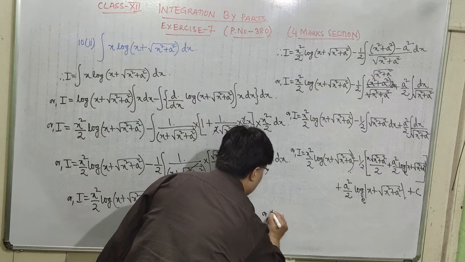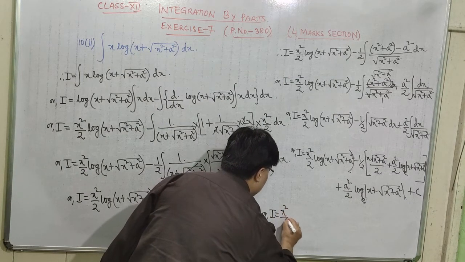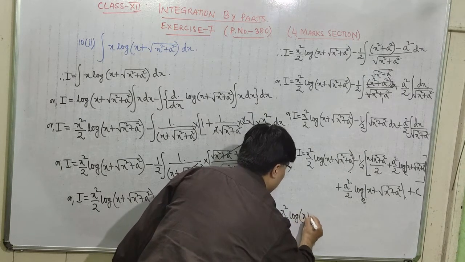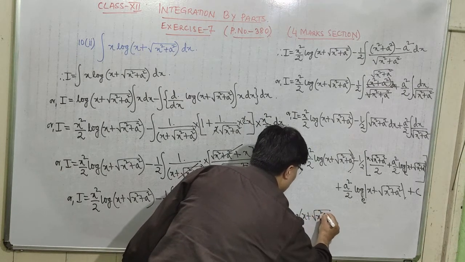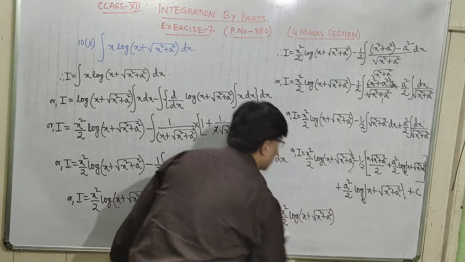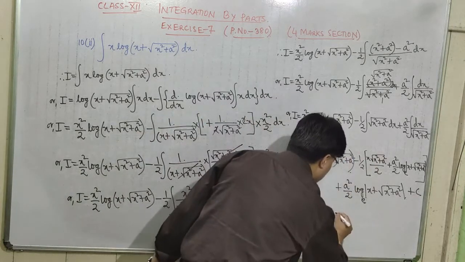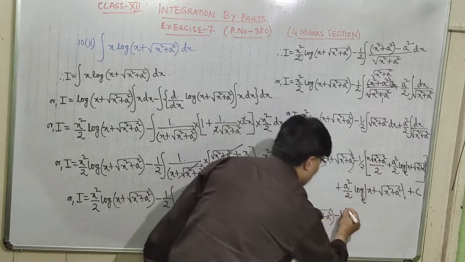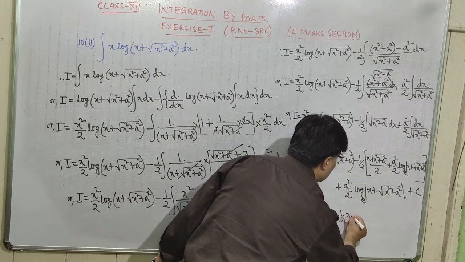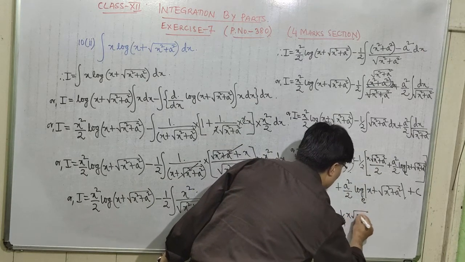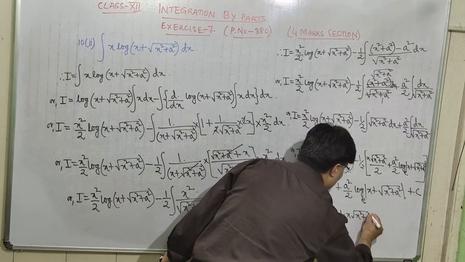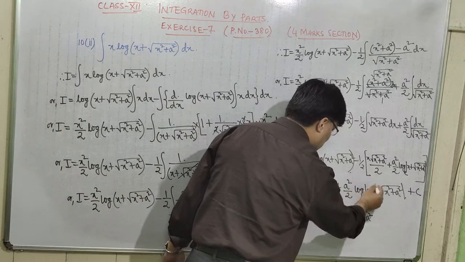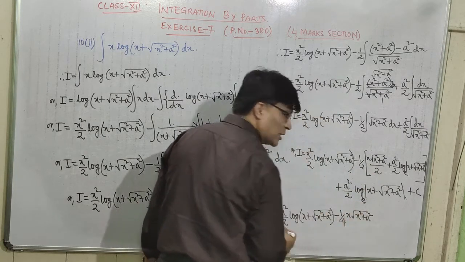I is equal to, first term kept as it is, x square by 2 log within bracket x plus root over x square plus a square. Let us multiply it. Minus 1/4, half into half is 1/4, then x root over x square plus a square. Is that clear? Minus 1/4 x root under x square plus a square.